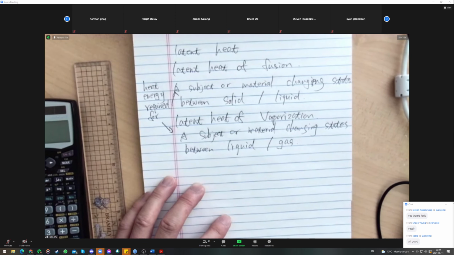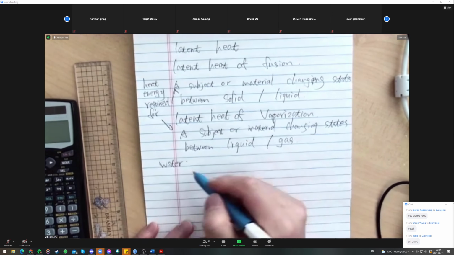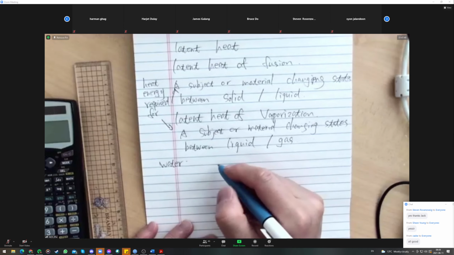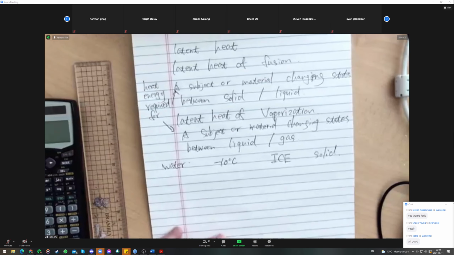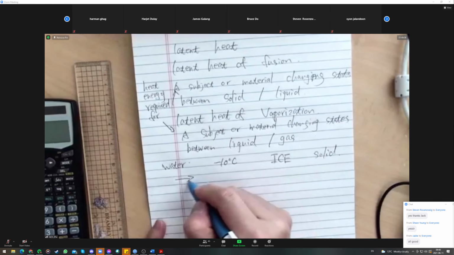So we take water, for example. At let's say -10 degrees, the water is going to be in the state of ice. So that's solid. If we put heat energy in there, first this ice has to increase its temperature.